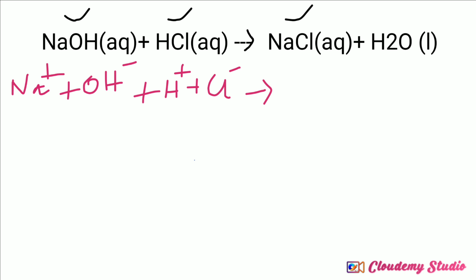The sodium chloride we can separate into Na plus and Cl minus. This water is not an ionic compound, it's a covalent compound. So we need to write this water as it is. We need not separate this.